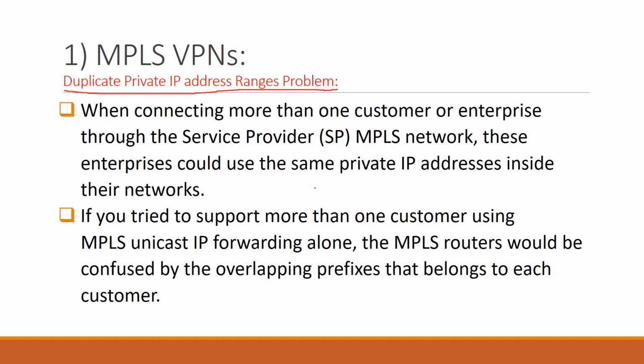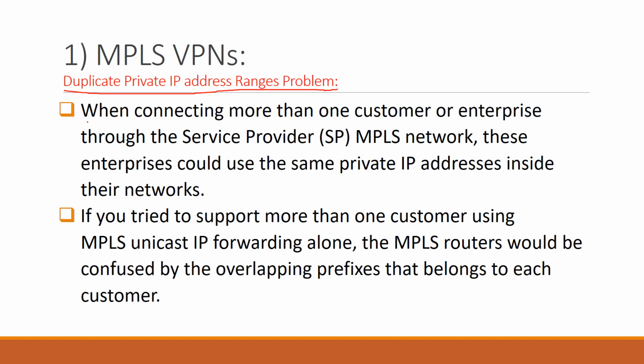What are these problems? The MPLS routers will be confused about which subnet or which prefix belongs to which customer. The service provider may use the MPLS cloud for a lot of customers, and it is possible that some of them use the same private IP ranges inside their sites.